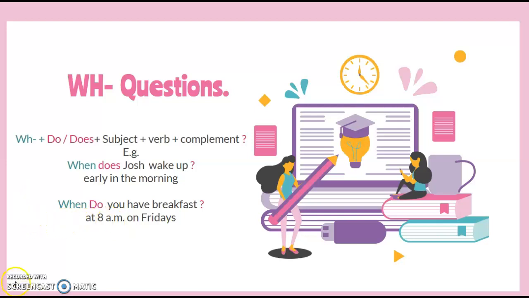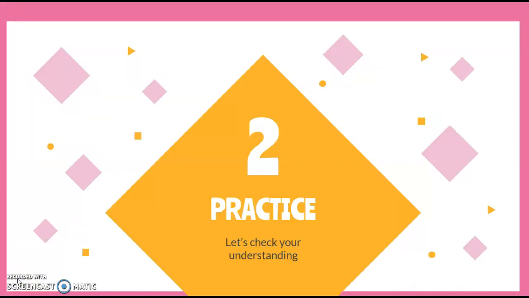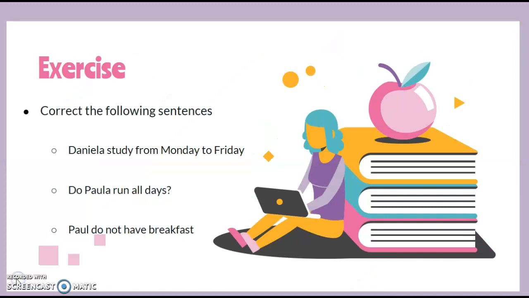So let's continue. Our second step is, of course, practice. So let's check your understanding. The exercise is the following. Correct the following sentences. Daniela studied from Monday to Friday. Do Paula run all days? But do not have breakfast. So you have some time to figure out the best way to write these sentences.